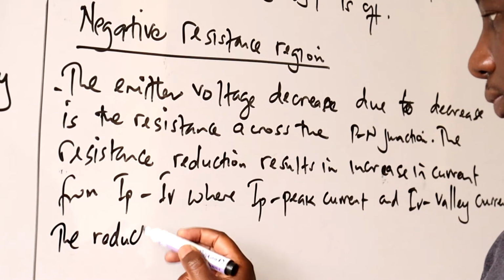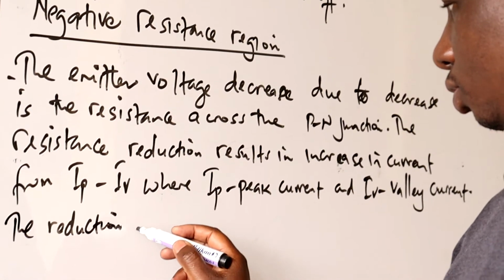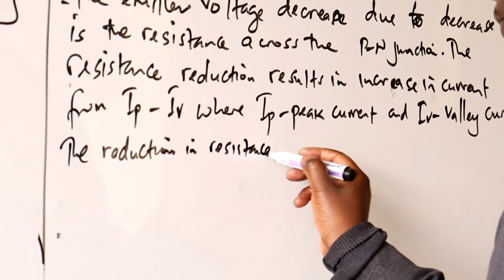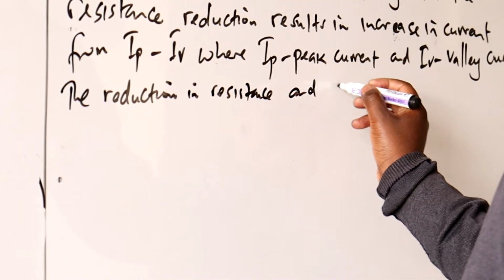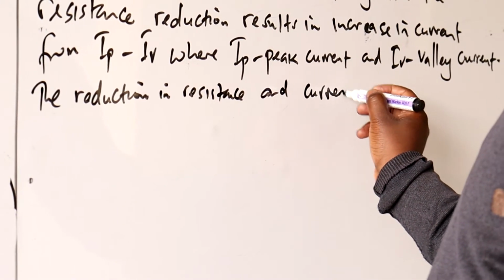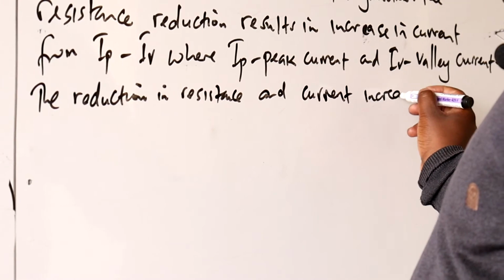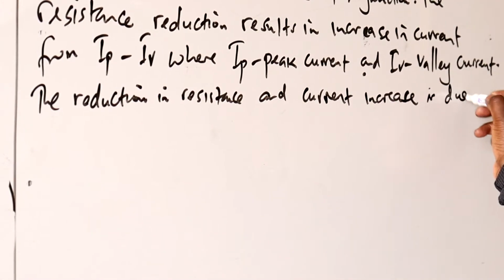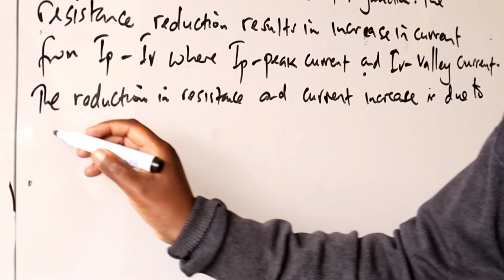The reduction in resistance and the increase in current are due to intermodulation.